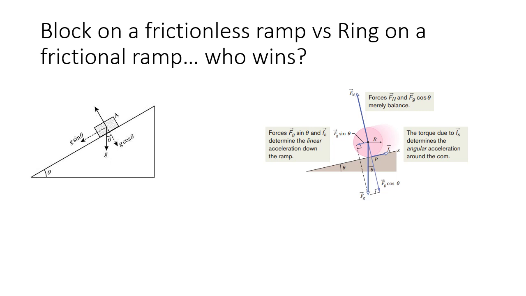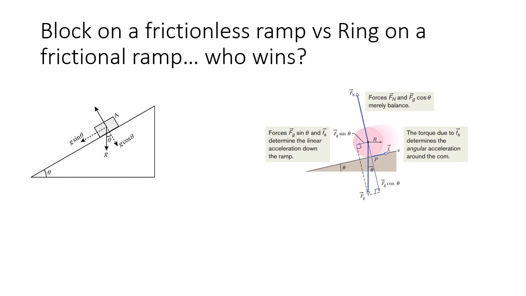If we put both of them at the top of a frictionless ramp, then they're both going to reach the bottom at the same time, going the same speed with the same acceleration, because the ball won't actually roll on a frictionless ramp. There's no friction to cause it to start to rotate, and so they would both just translate to the bottom with the same speed and the same acceleration.